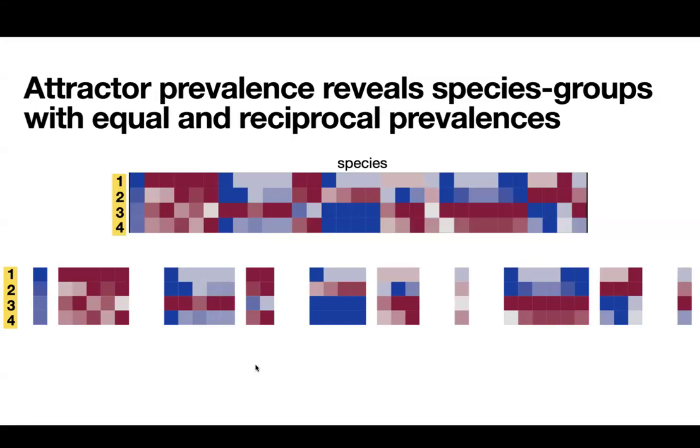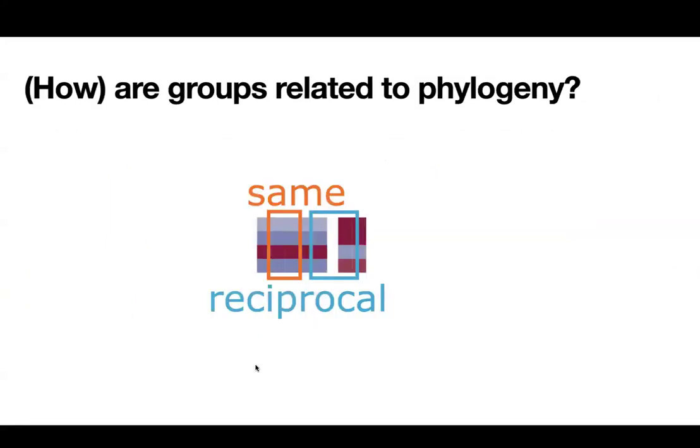So now with these groups, what we can ask is, suppose that I have two species, and these two species are more or less similar. Should I expect them to be in the same group or in the reciprocal group? Should I expect similar species to have the same preference or not?